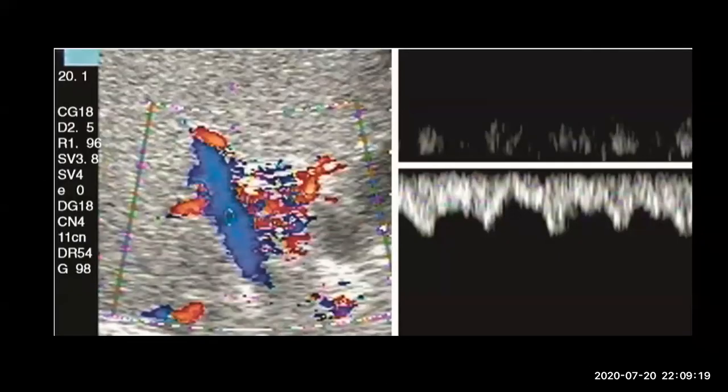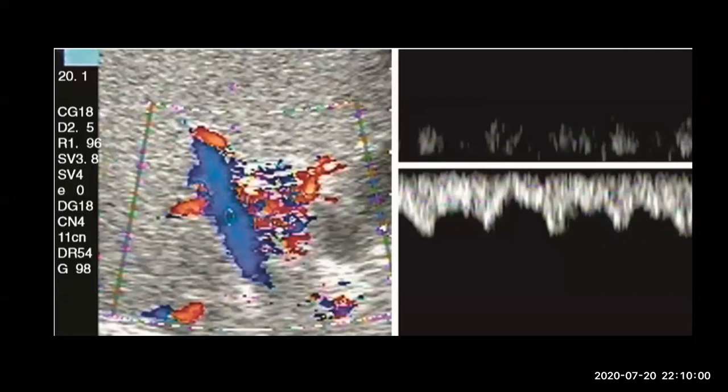What is the third case here? Hepatofugal. Okay, what do you see? You see the portal vein here. There is reverse flow of the portal vein, and we call it hepatofugal, away from the liver.